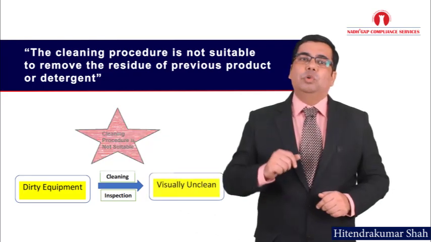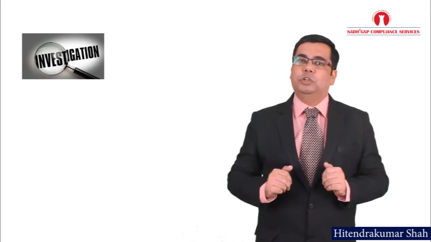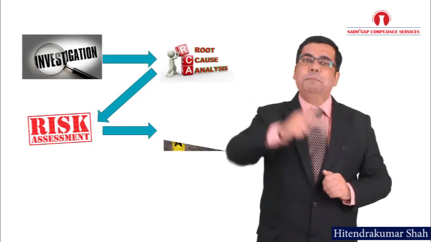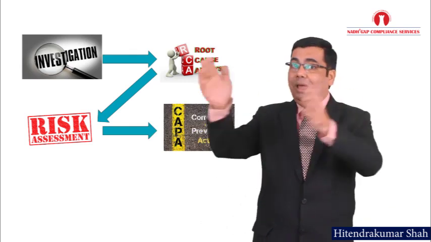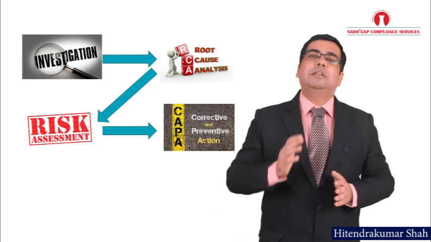In such a case, we should not directly go for re-cleaning. First of all, this deviation or failure needs to be investigated as part of the site procedure. On the basis of investigation, risk assessment, impact assessment and further evaluation, there may be a need for revising the existing cleaning procedure.